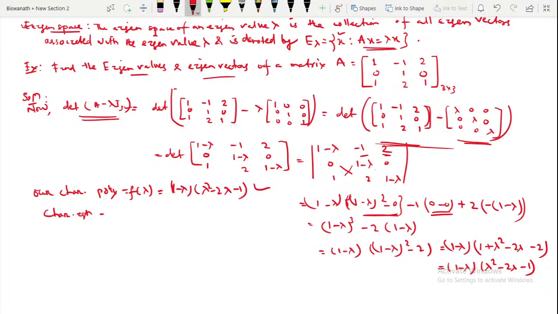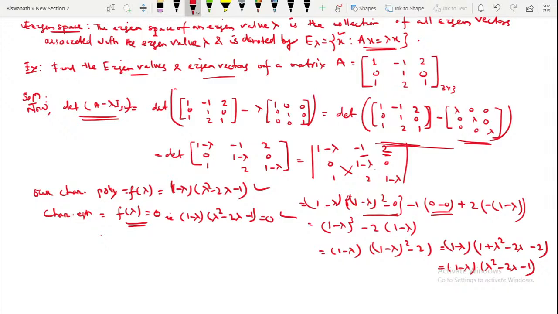If you write this f of lambda equal to 0, this is your characteristic equation. That means (1 minus lambda) into (lambda square minus 2 lambda minus 1) equal to 0. This is your characteristic equation.